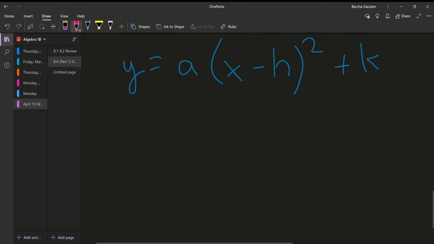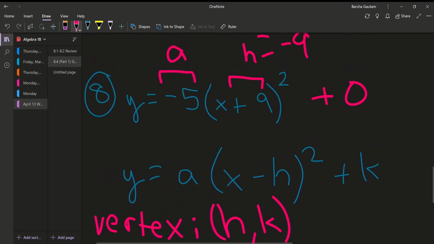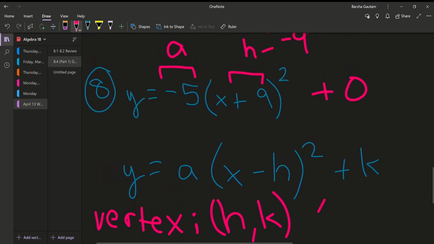Okay. So from here, let's figure out what our vertex is. Remember, vertex is equal to (h, k). And our h is negative 9, and our k is 0.